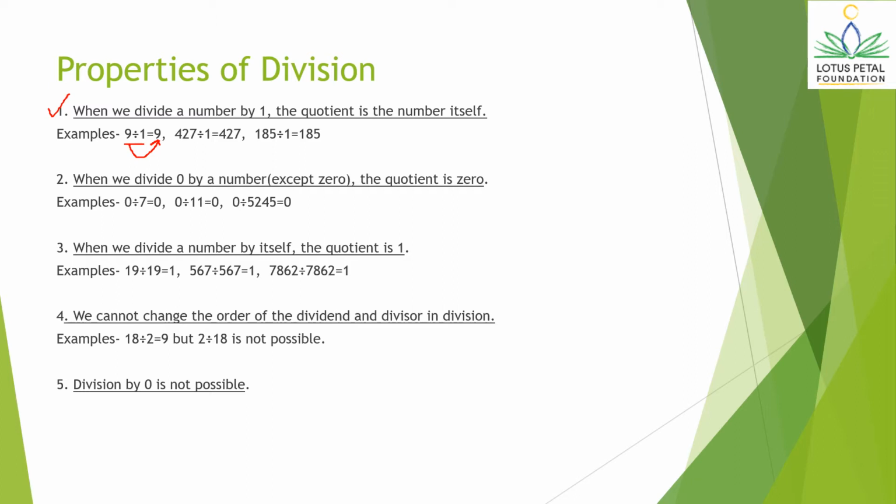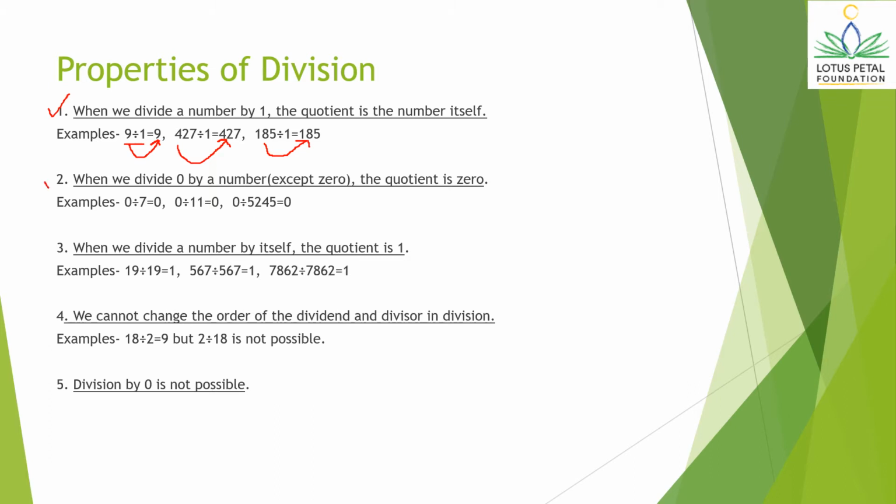Suppose you have to divide 427 by 1, you will get the same number, that is 427, as the quotient. Coming to our third example, if you want to divide 185 by 1, you will get the same number as the quotient, that is 185.